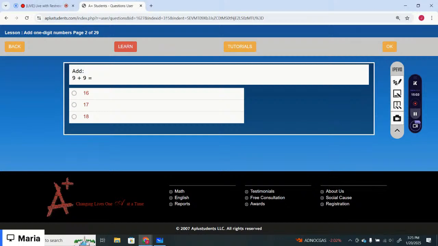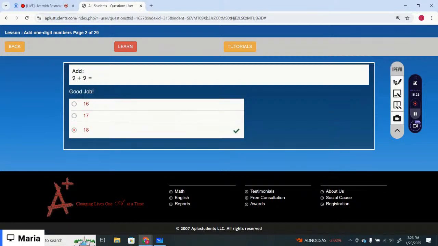Nine plus 9, which is the correct option? That makes 18. Option number 3 is the correct option.